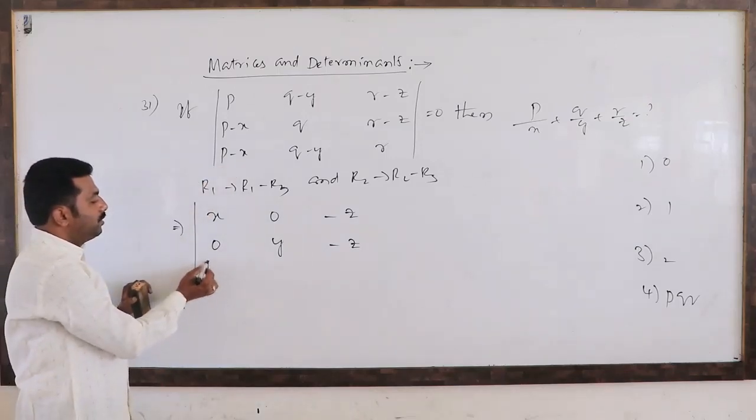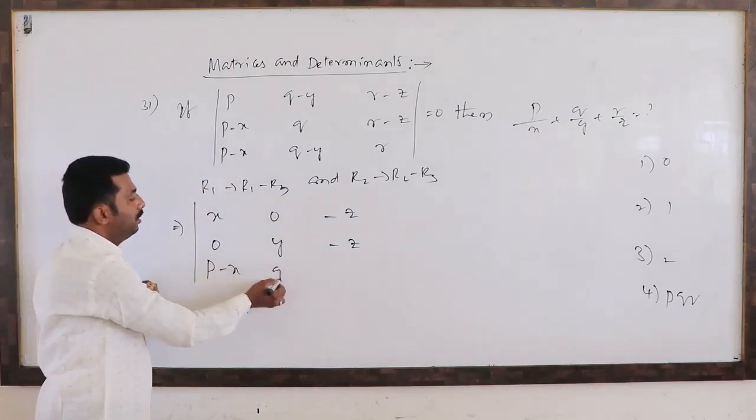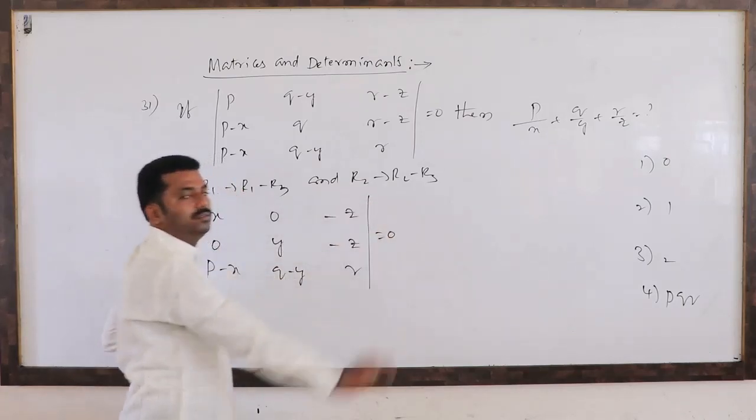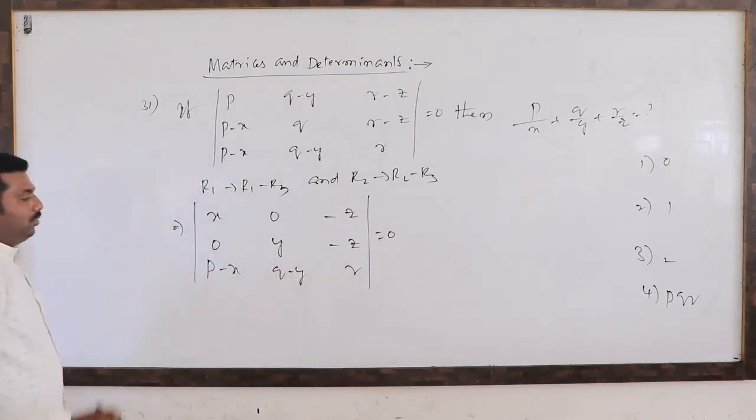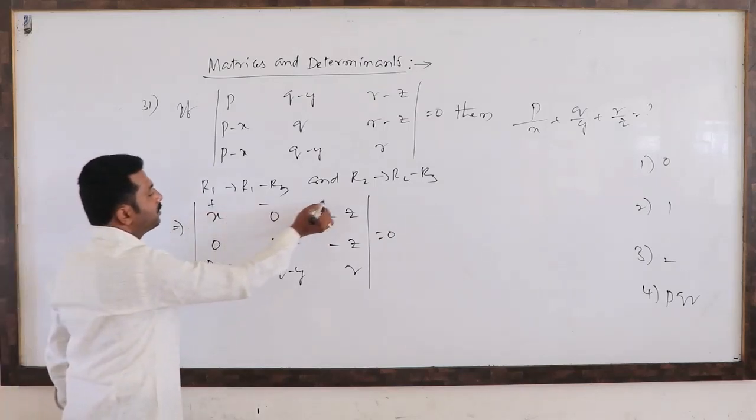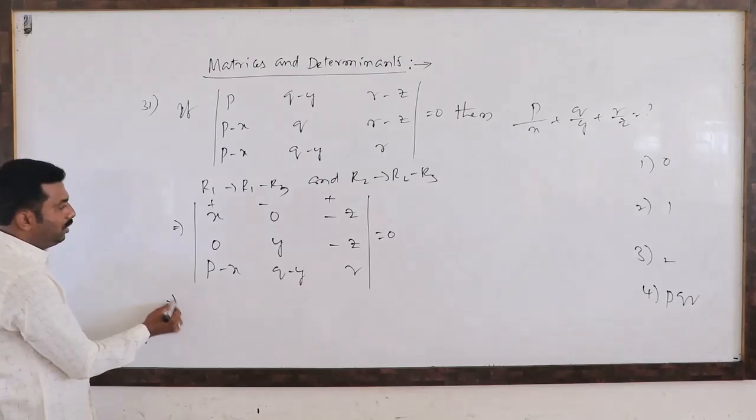Then this is P minus X, Q minus Y, R equal to 0. Now we'll expand along the first row, plus, minus, plus. So what will we get?